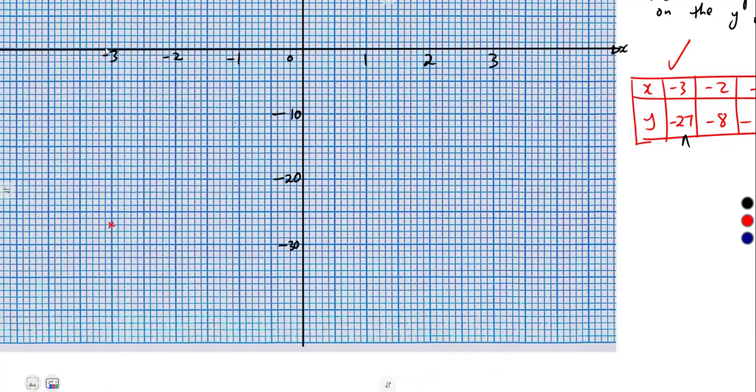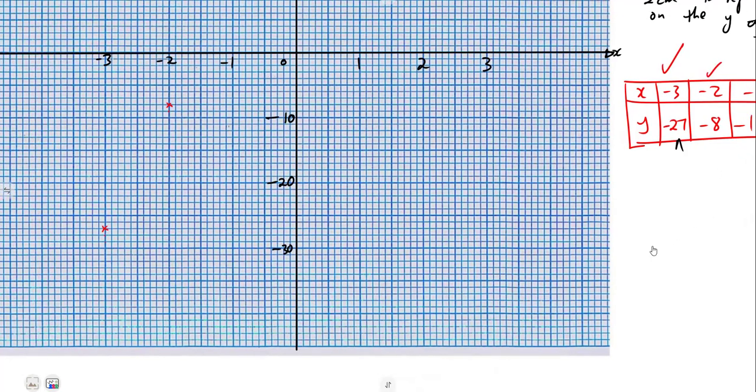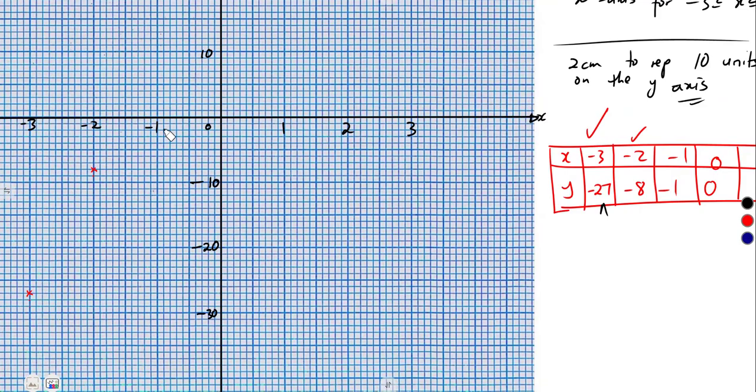So you mark a point at -3, -27. Then -2, -8, just before -10: -9, -8. So -2, -8. All right, -1, -1, just one box. Remember, one box, one unit.